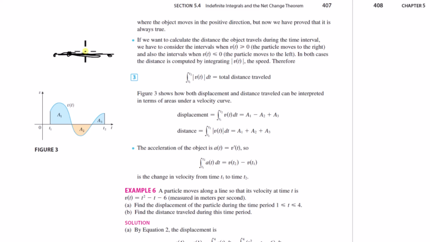And to do this, the idea is you would take the absolute value of the velocity function. You would find the definite integral of the absolute value of the velocity function.